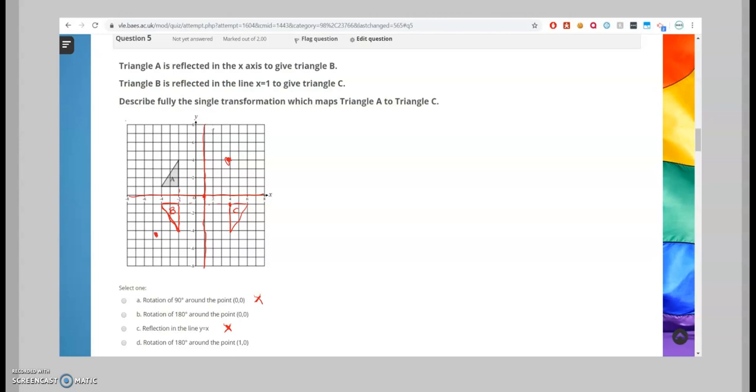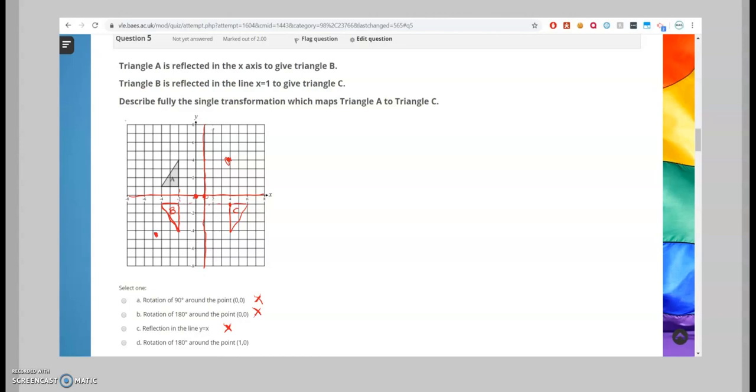Now, B is saying rotation of 180 degrees around the point 0, 0, so the center. And if we look at this, and shape A was rotated 180 degrees, then shape C would be closer to the center. So that is not the case. Looking at option D, we've got a rotation of 180 degrees around the point 1, 0.